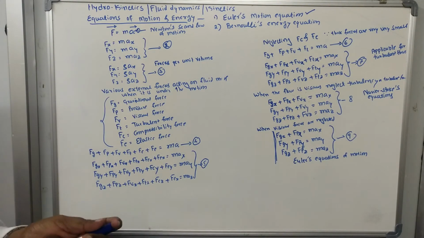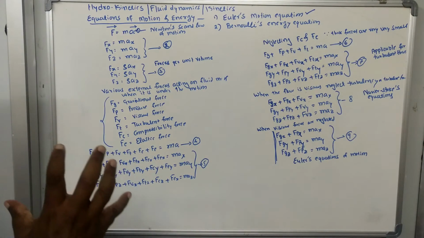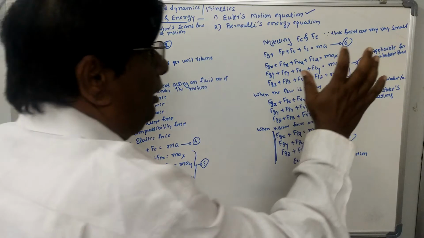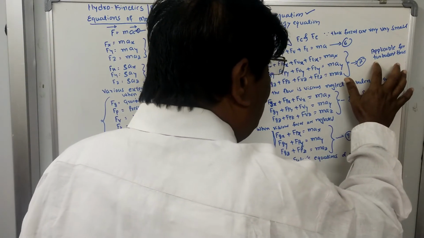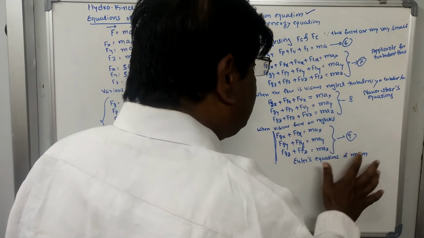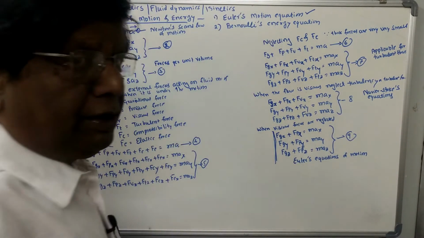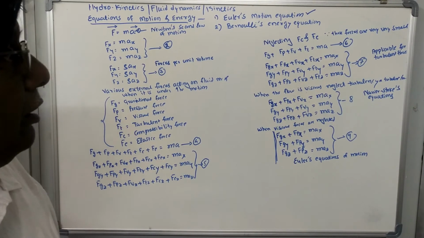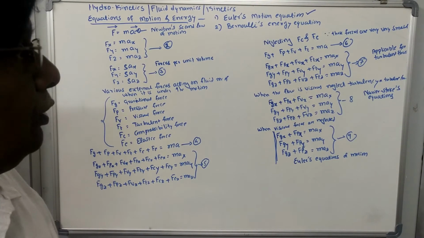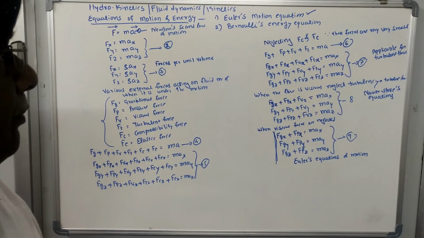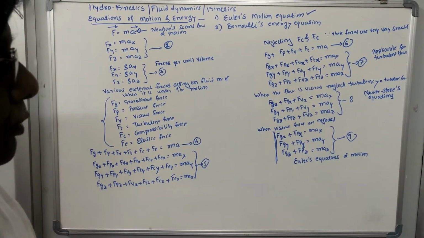The motion equations are of three types: the turbulent flow equations, the Navier-Stokes equations, and the Euler's equations. In the turbulent equations, turbulent force is also considered apart from the gravitational force, the pressure force, and the viscous force.